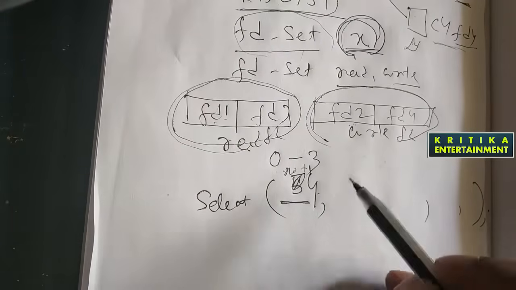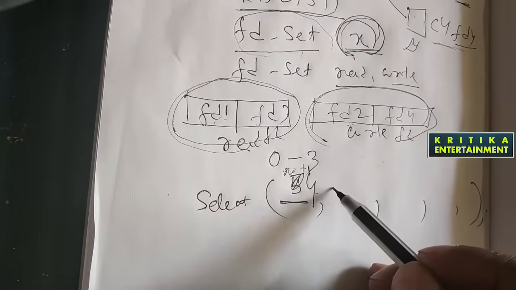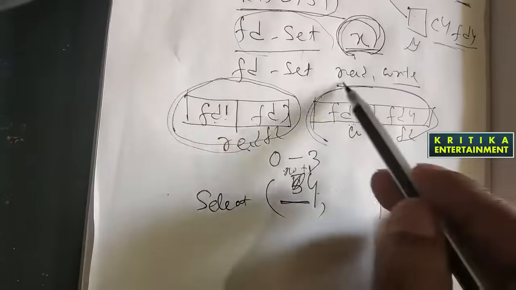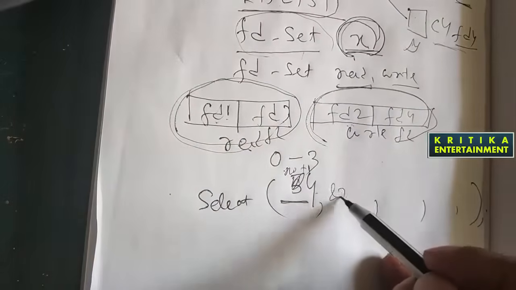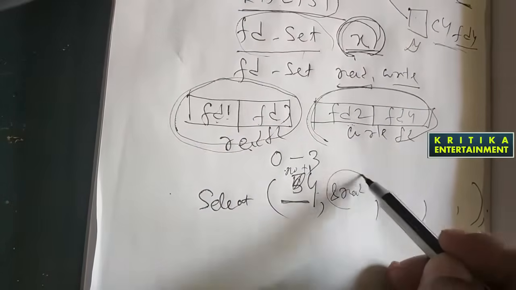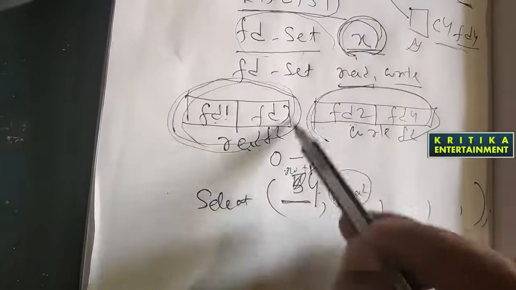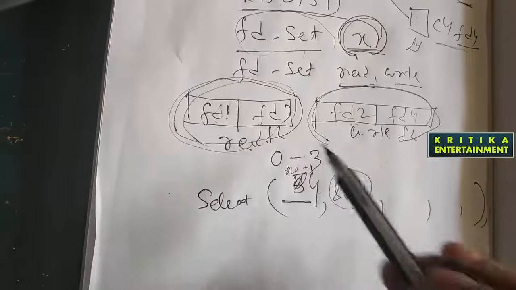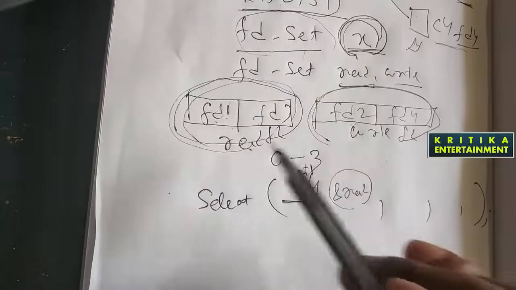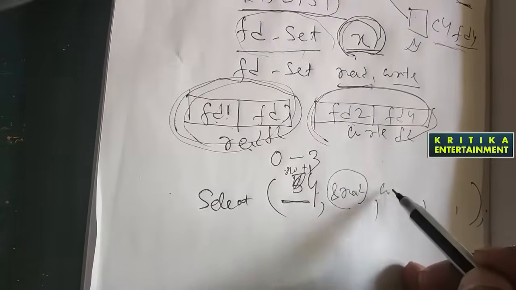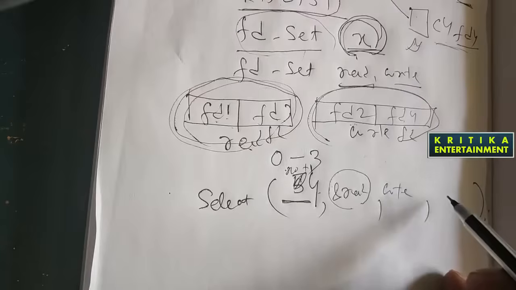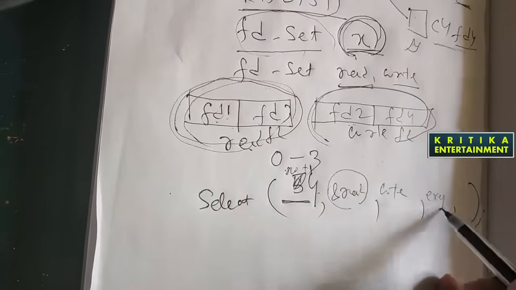Next, what value will we pass? Here we pass ampersand read. That means it will first search the read FD set, which FDs are used to read the data. Then the write FD, then the exception, that is, the error.